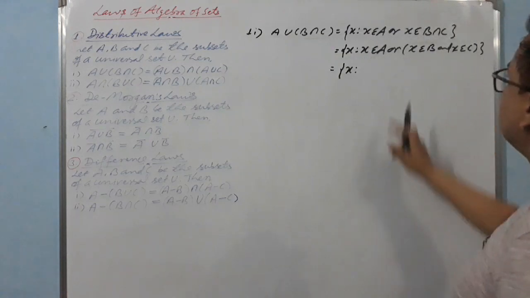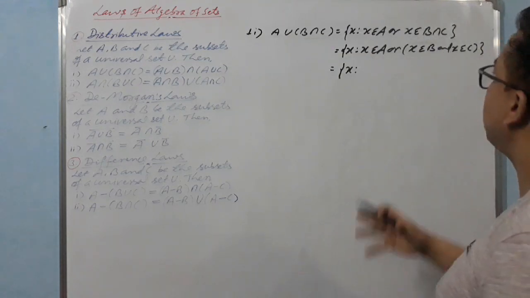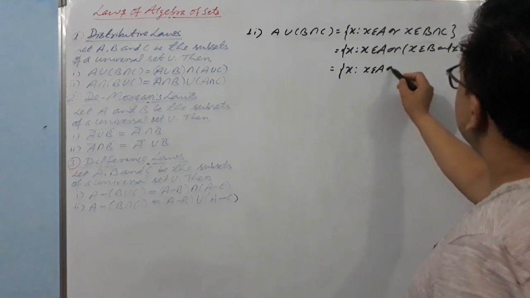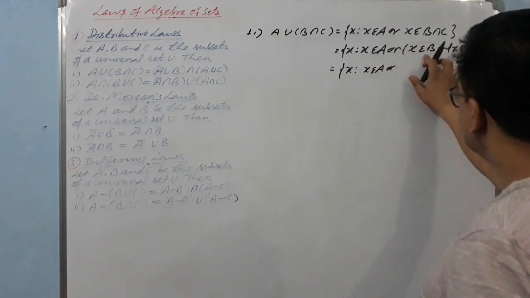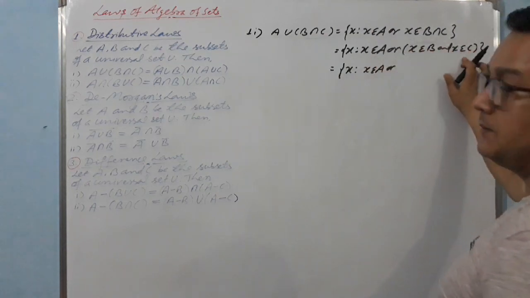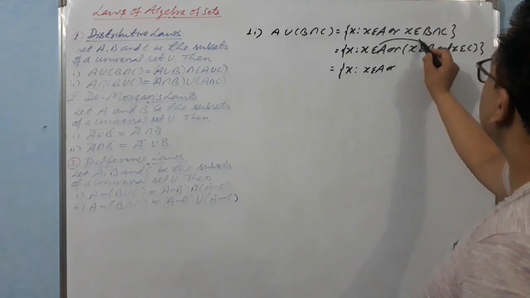Now we have to use the distributive property. See, x belongs to A or this, and this or this, and this or this, we have to take, like this way.